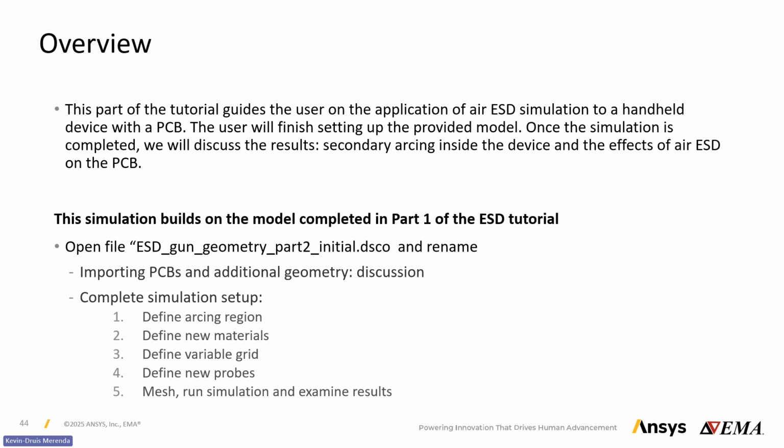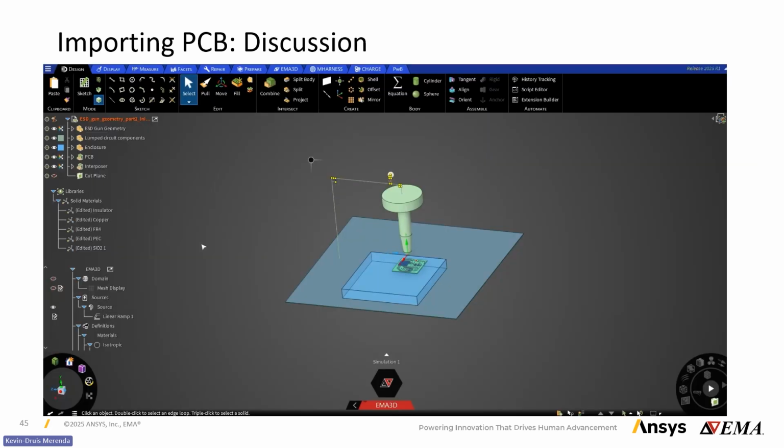So part 1 of the ESD tutorial is available from the user manual, as I described earlier. This is something that we call part 2, and then we have part 3 and part 4 that we'll talk about today as well. I'm not going to go into too many details on this one because we have this step-by-step already available.